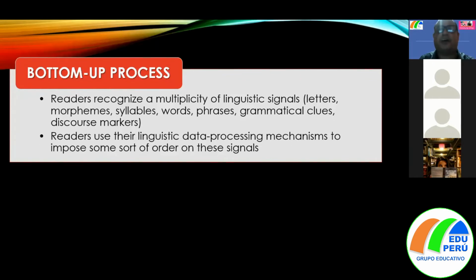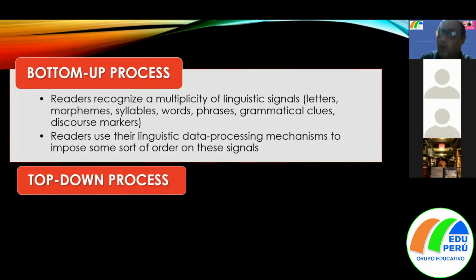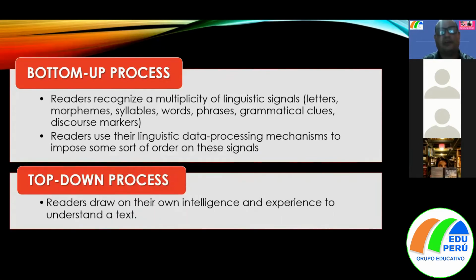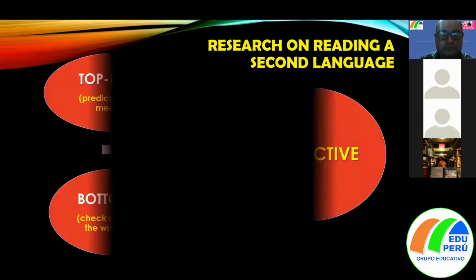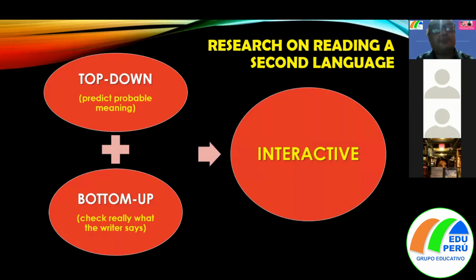And on the other side, in the top-down process, readers draw on their own intelligence and experience to understand a text. So your prior knowledge, your schemata. That's why here you have a combination, because we talked about some theories. Top-down is related to one theory and the bottom-up is related to another theory of how to read or how to teach reading, all right?